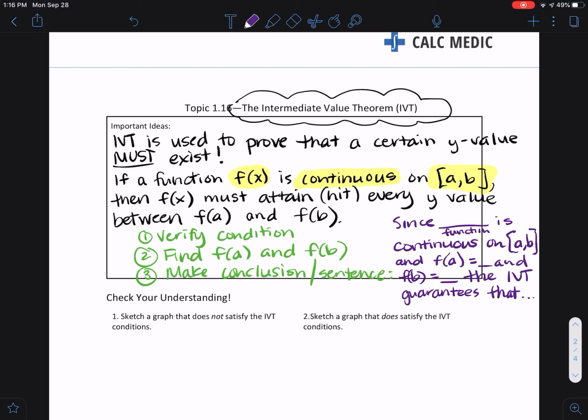That's the way that you're going to write these sentences every single time.